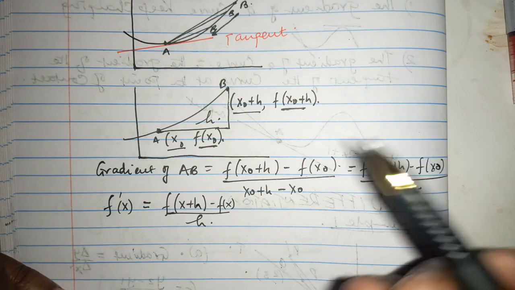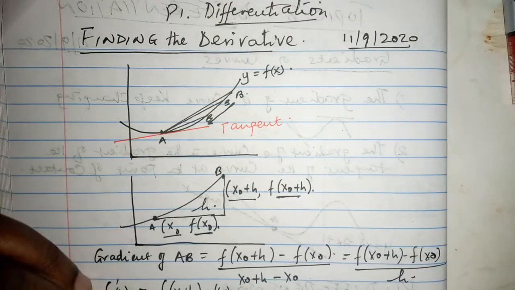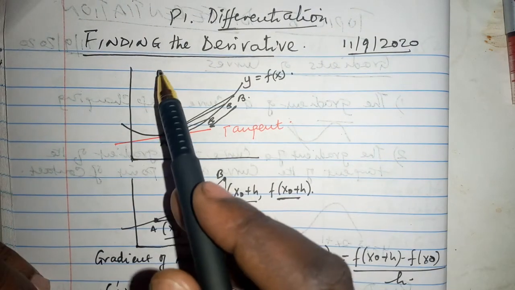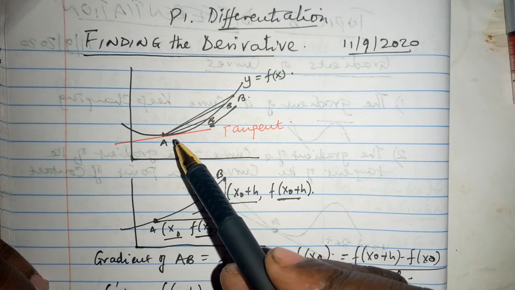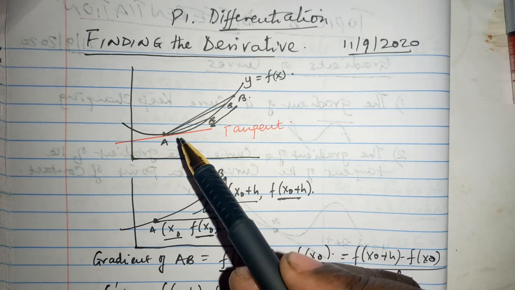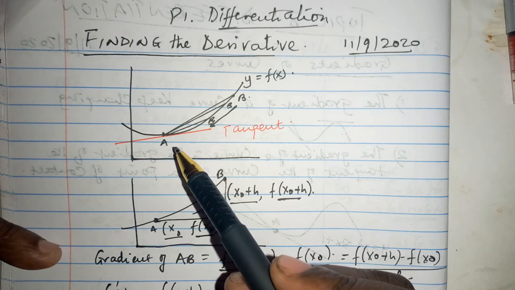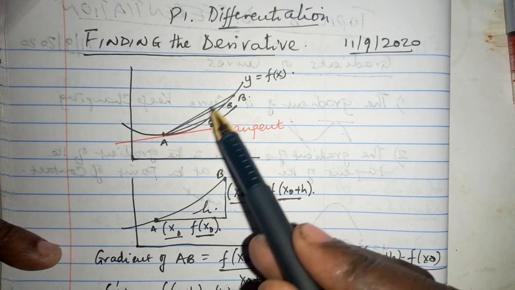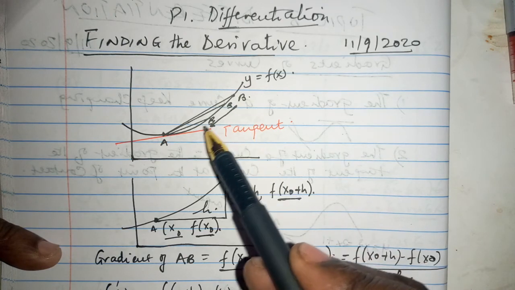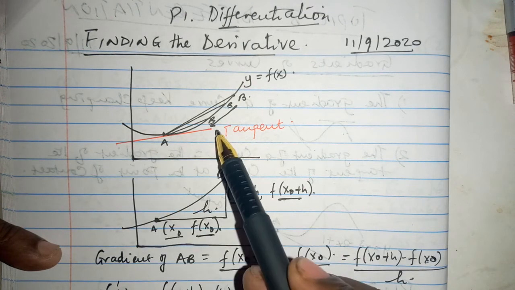But before I leave, it is important to repeat some key points here. When we want to find the derivative of a function, because the gradient of a curve is equal to the gradient of the tangent at the point of contact, we have outlined A and B, and as B gets closer to A, this chord tends to be this tangent.